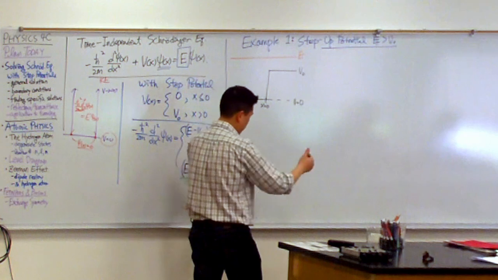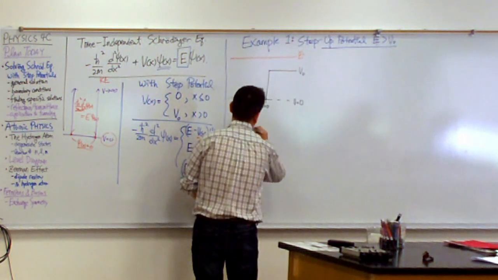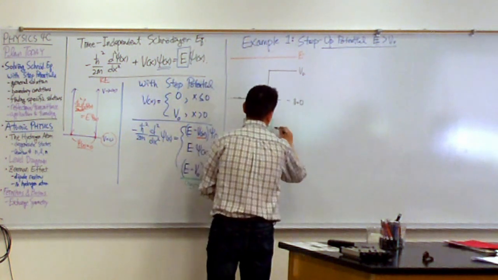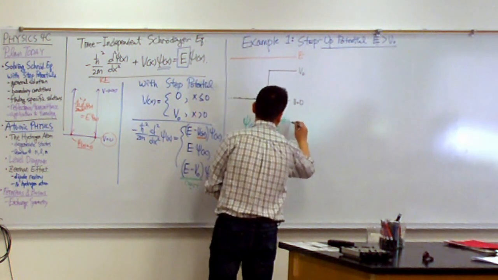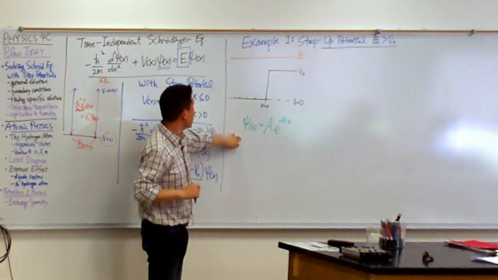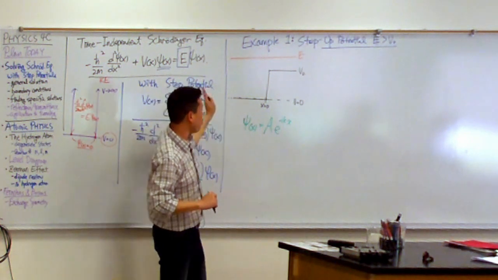If I guessed psi of x, my usual guess, exponential, A e to the i k x, and then plugged it in, could this possibly work for all values of x?